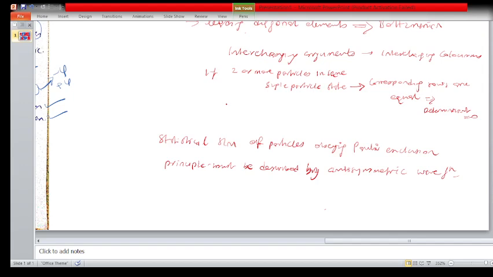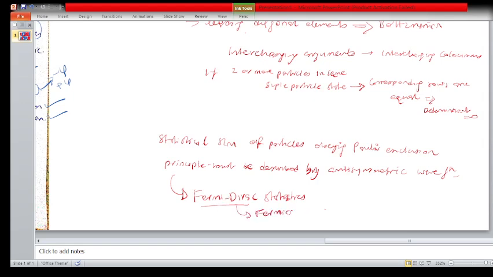In other words, the statistics governing the behavior of such particles is called Fermi-Dirac statistics, or Fermi statistics, and the constituent particles are called fermions. All those particles which have this antisymmetric wave function also obey Fermi-Dirac statistics, or Fermi statistics, and these particles are called fermions.